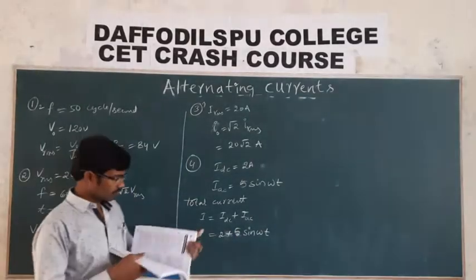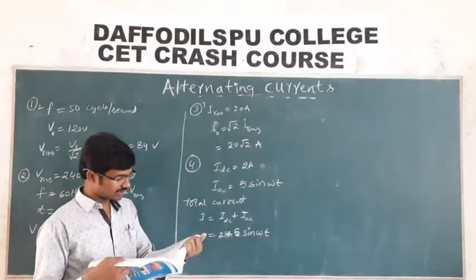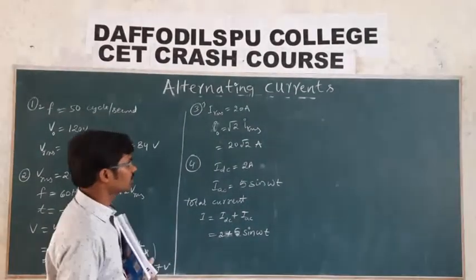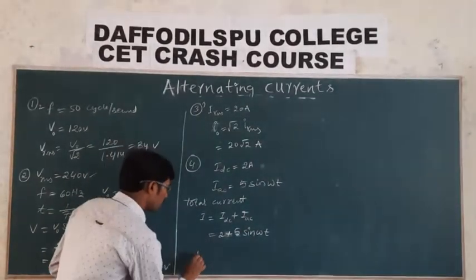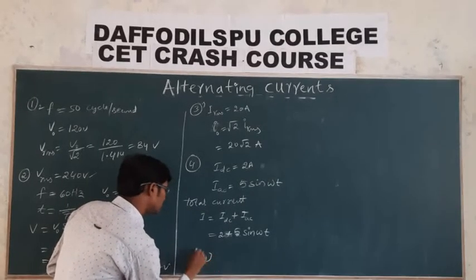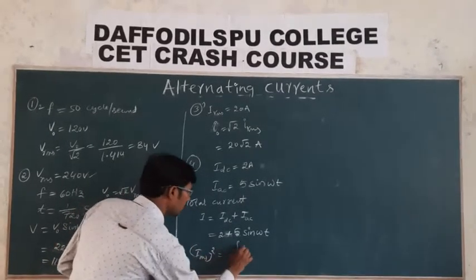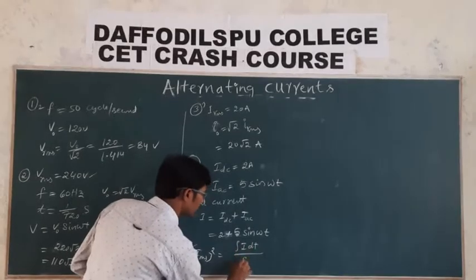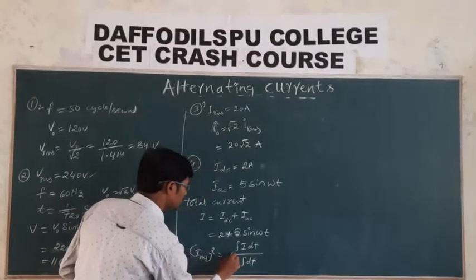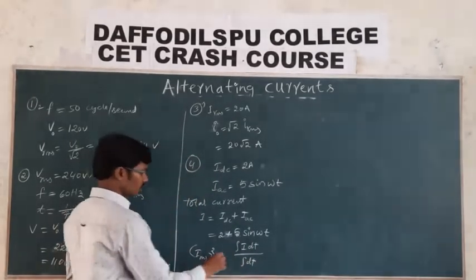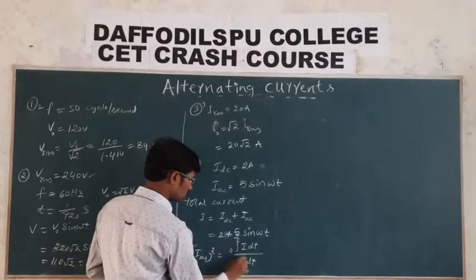But they also asked for the RMS value of the resulting current. What is the formula for the RMS current? I_RMS square is equal to integral of I square dt by integral dt. Limits are from 0 to T, for a complete cycle.